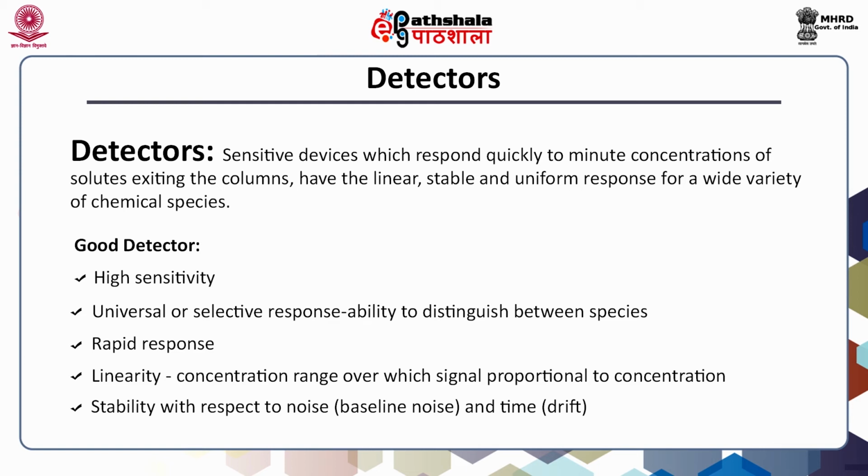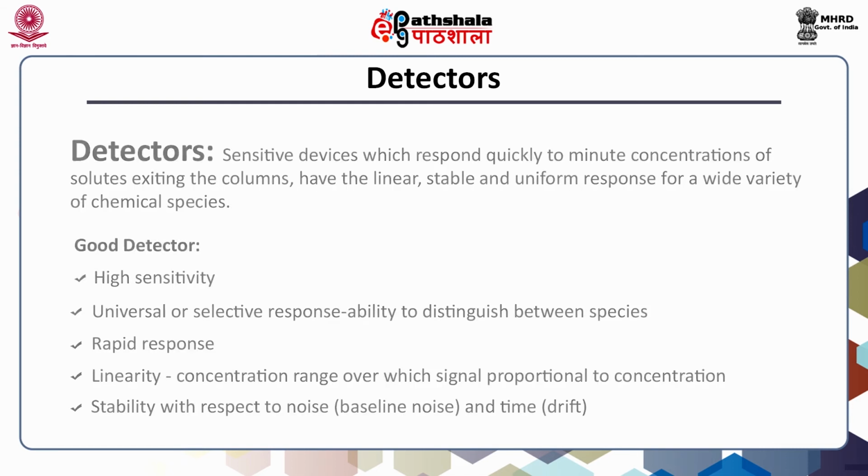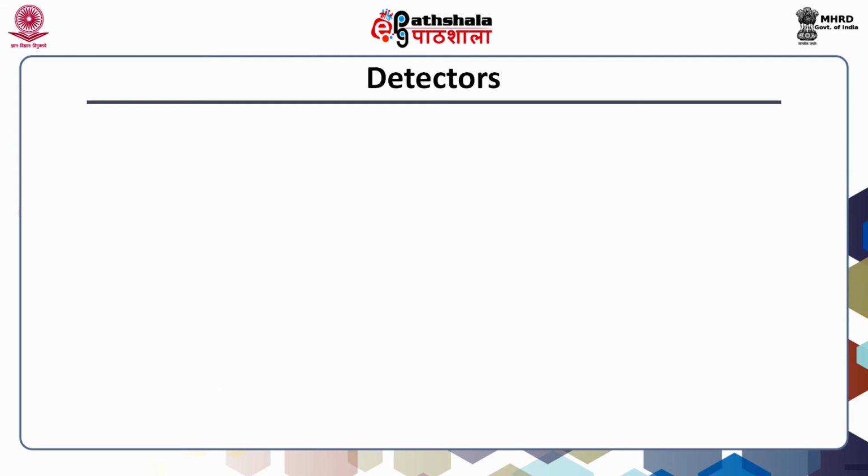So, as I said, the detectors are detecting the materials which are coming out of the GLC. That is another very important component of gas liquid chromatography, and the cost of the machine also depends upon the sensitivity and ruggedness of the detectors. Here we will discuss the types of detectors.